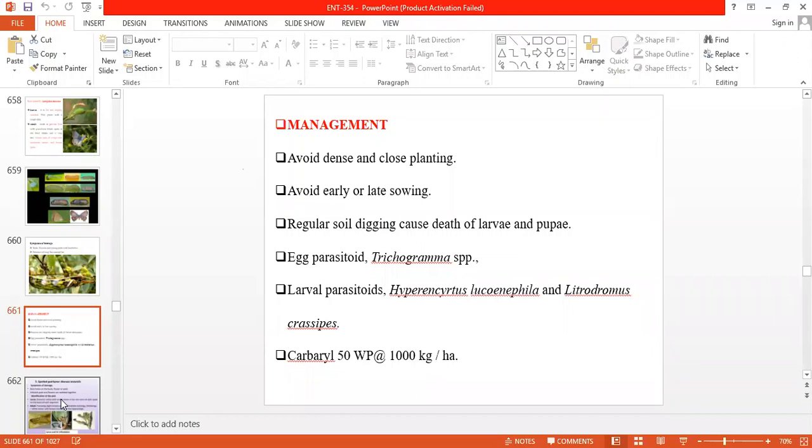Larval parasitoids Hyposoter and Litomastix species should be released. Carbaryl 50% wettable powder should be applied along with water at 1000 liters per hectare.